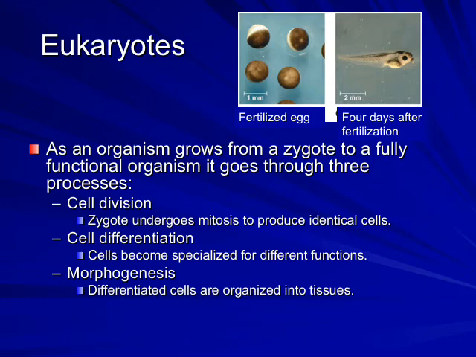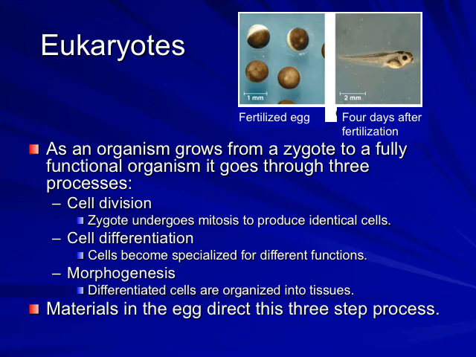And then ultimately, the cells undergo something called morphogenesis, and that's where those different cells become organized into different tissues. So eventually, those cells will become heart cells or muscle cells or liver cells, and those will be organized into tissues. So the materials in the egg direct this 3-step process.